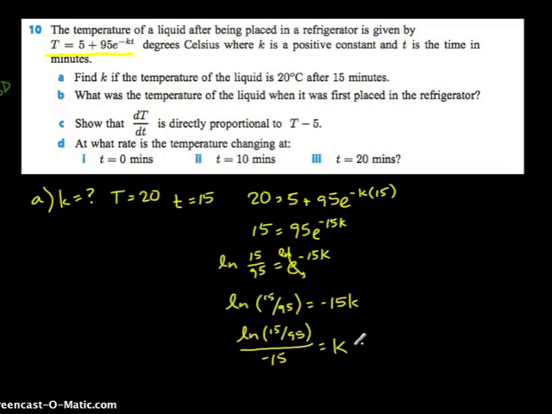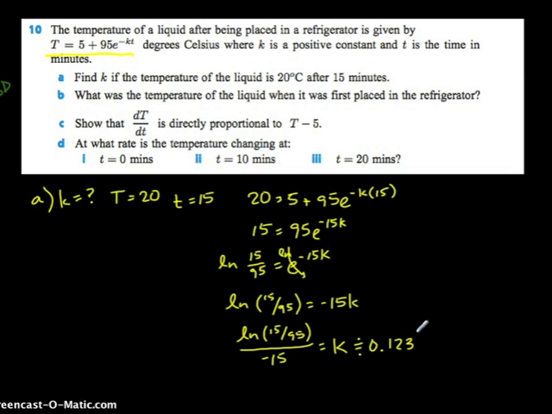So when I put this into my calculator, I am getting approximately 0.123. So 123 thousandths, or 0.123.